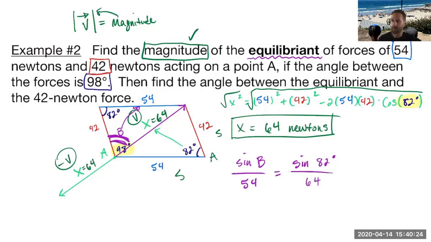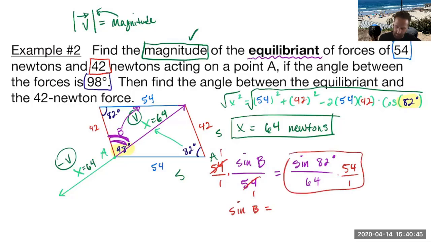And now, since I have my law of sine set up nice and neatly, I will multiply over by the 54 to get what I wanted by itself. Now, I don't quite have it. All of this, when I multiply it out, will be some number.